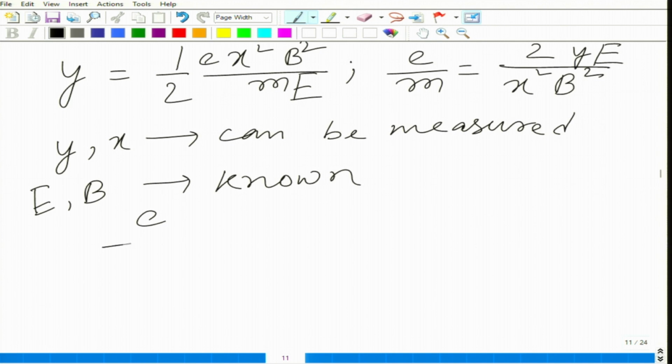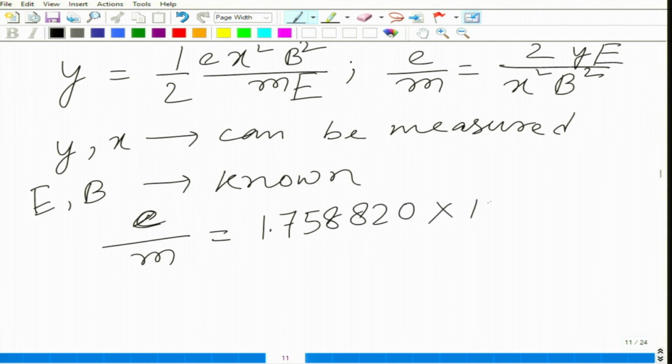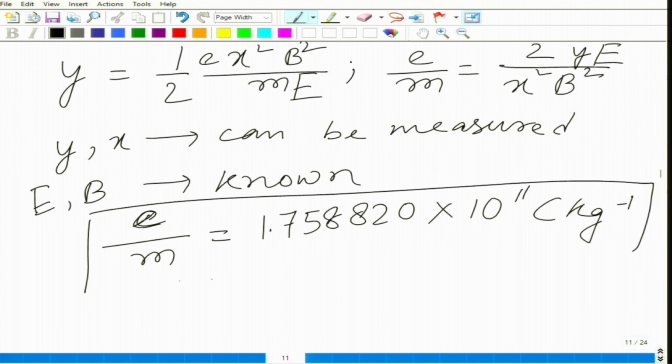From there we get the charge to mass ratio of the electron, which is calculated as 1.75880 into 10 to the power 11 coulomb per kg. So this is the charge to mass ratio of an electron.